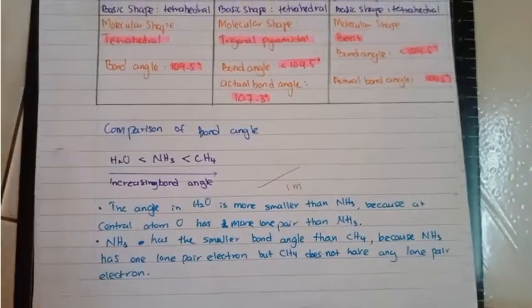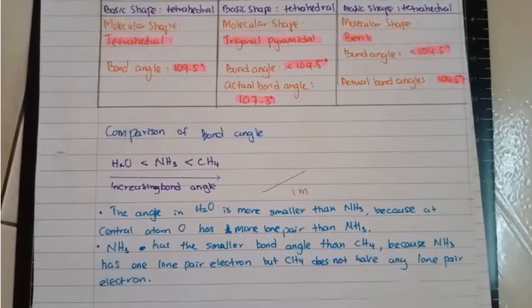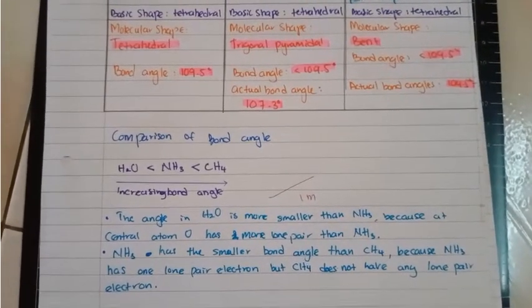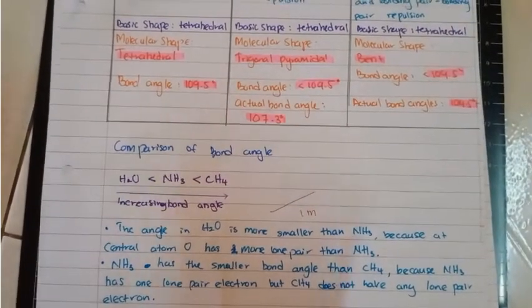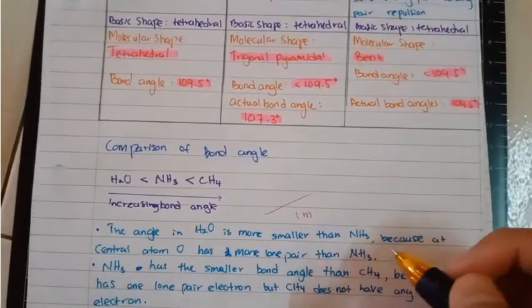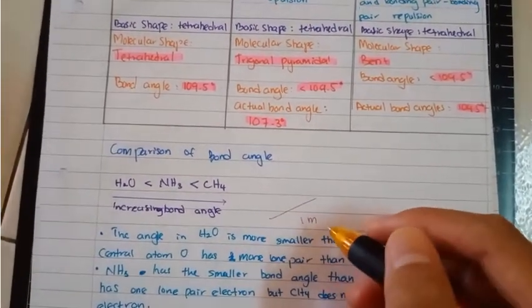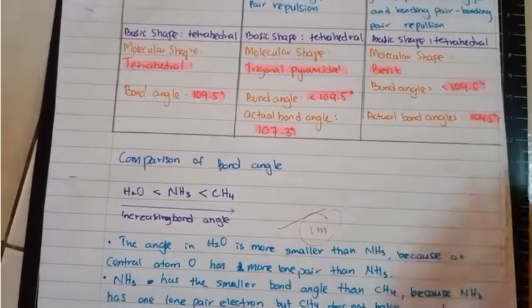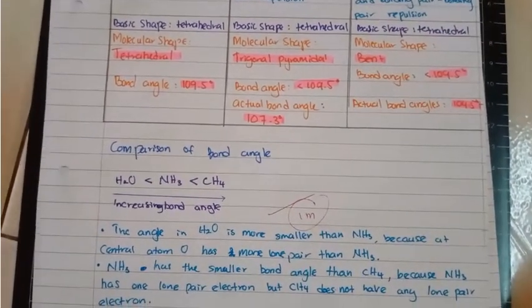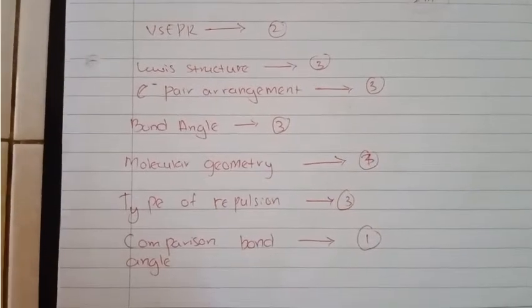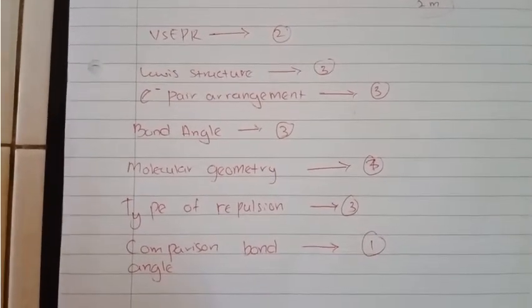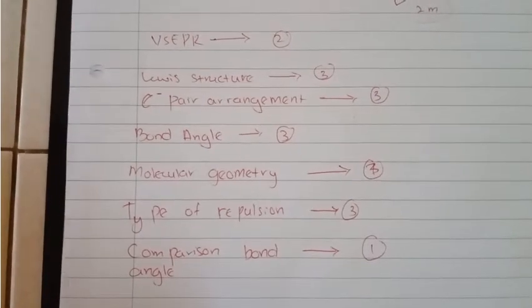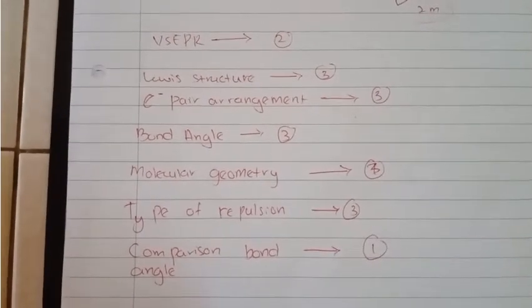The last mark is when we compare the bond angle of each element. The maximum mark that we can have is 1 mark. Now we calculate the total. VSEPR, we get the full mark of 2. Then from the Lewis structure, for each element we get 1 mark.